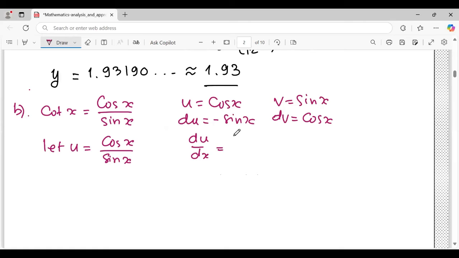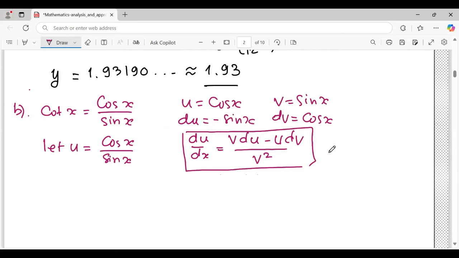We can use the quotient formula: (v du minus u dv) over v squared.